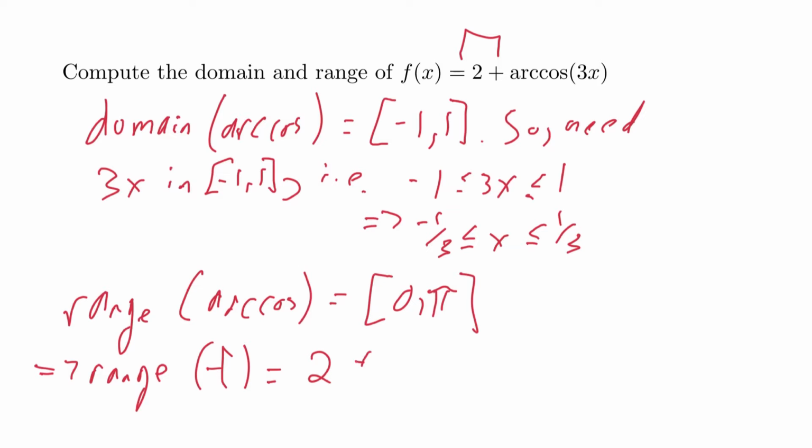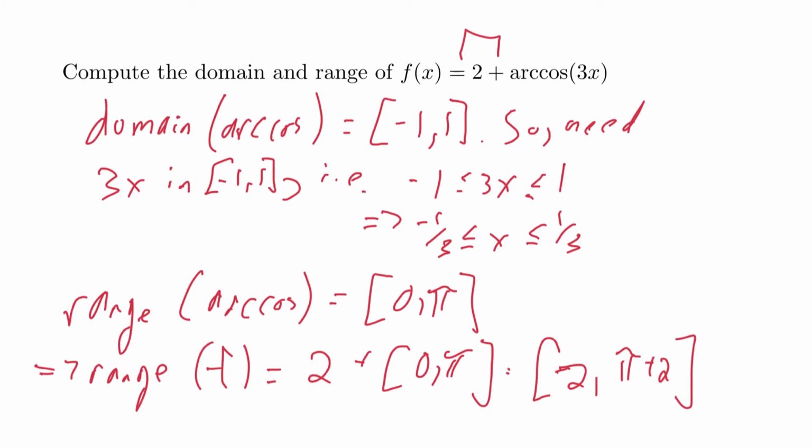So 2 plus 0, which is 2, and then up to pi plus 2. Okay? So just to summarize, the domain of f is negative 1/3 to 1/3, and the range is 2 up to pi plus 2.